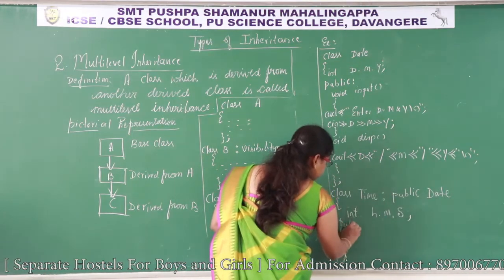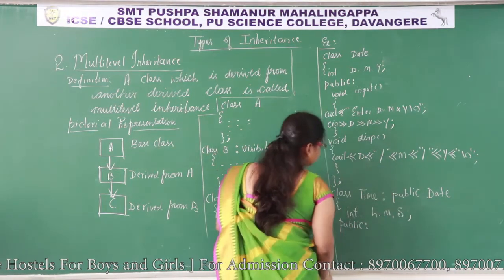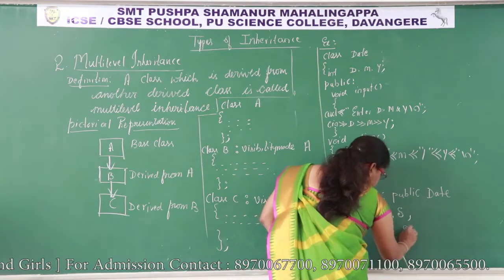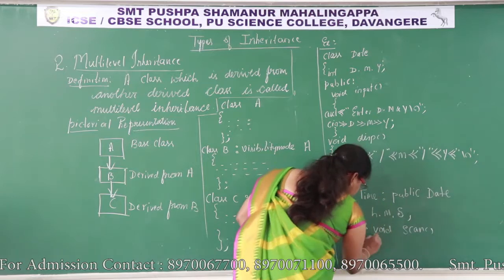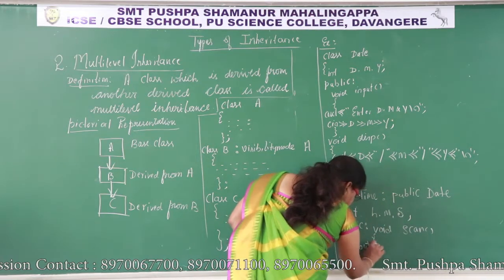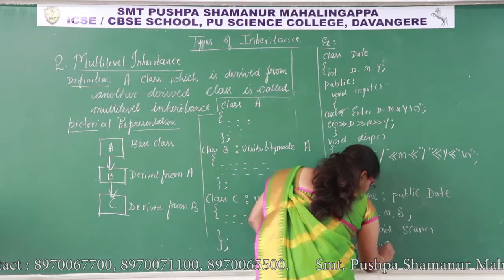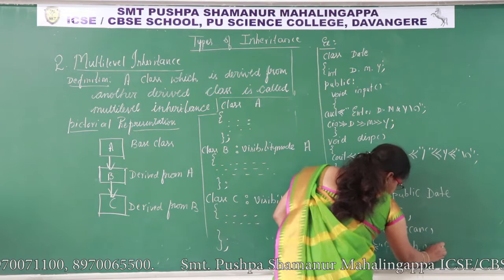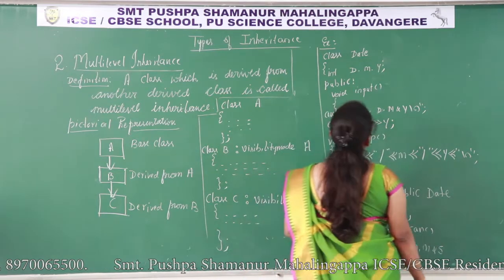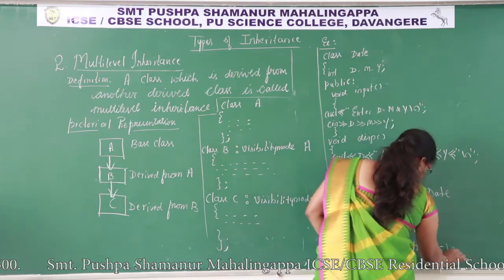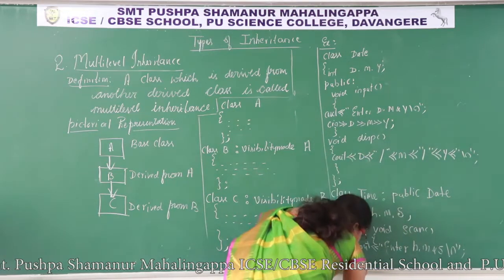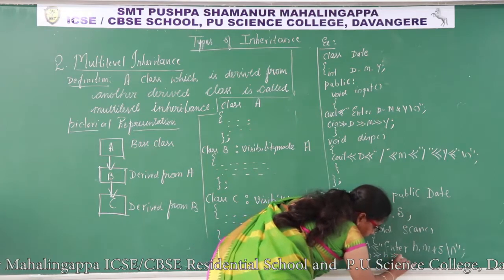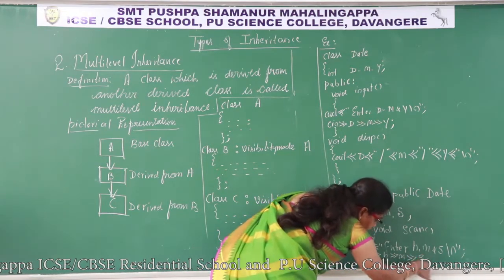Public, void scan, cout insertion enter hour, minute and second. cin extraction hour, extraction minute and extraction second.